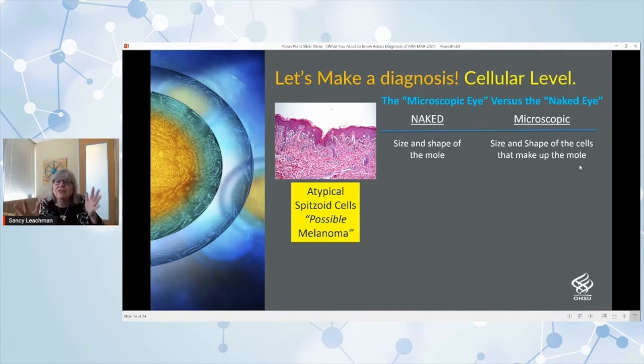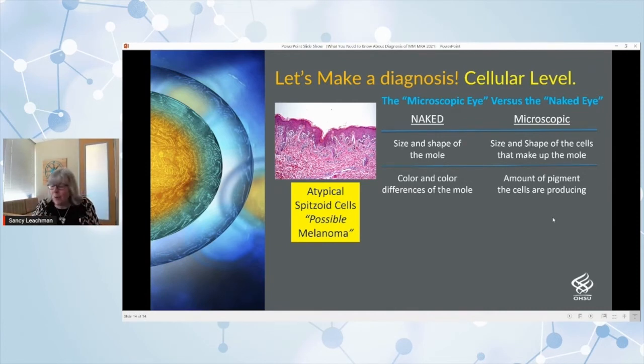But just like there's variability in the size and shape, and where is the cutoff of what's acceptable and not acceptable, the same is true at the microscopic level. The dermatologist might say color differences of the mole make it suspicious. A pathologist might say the amount of pigment the cells are producing is the problem. But again, that's variable, and it's not black and white.